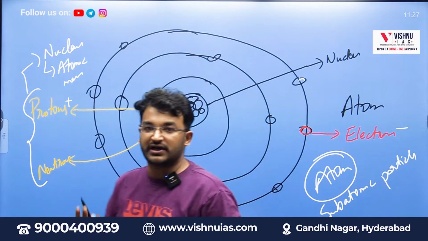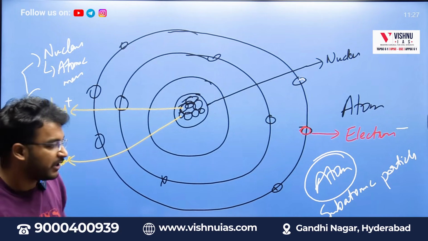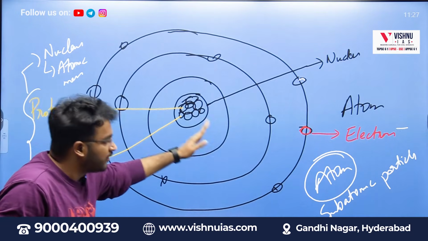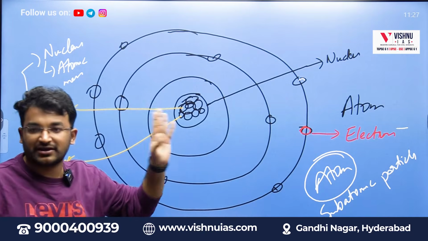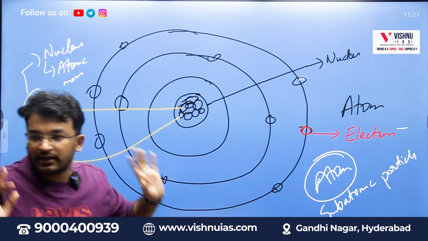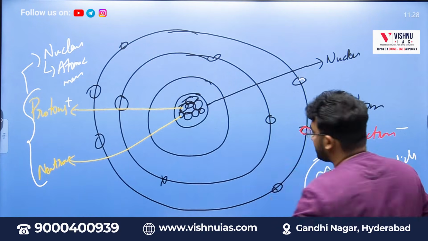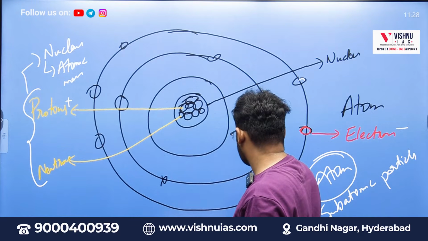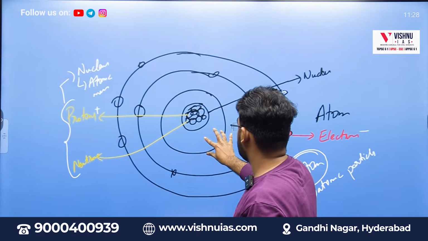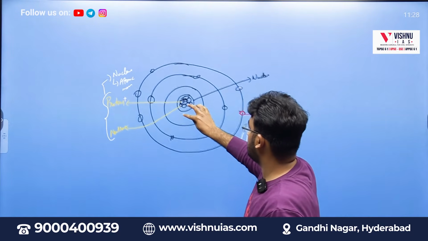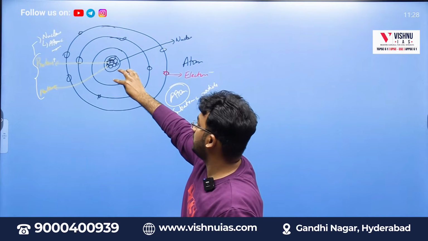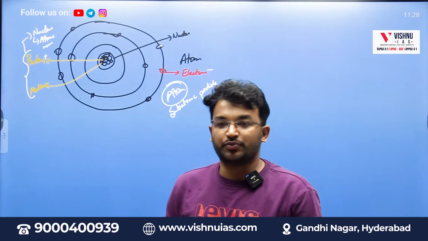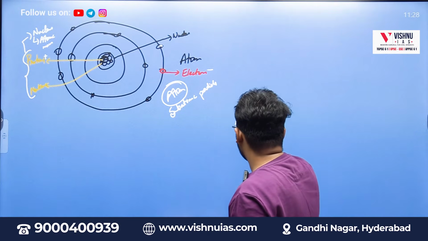So what you have understood is that we will be having an atom. Inside that atom we will be having subatomic particles called proton, neutron, electron. Clear till here? Now in your childhood you might have studied about atomic number.